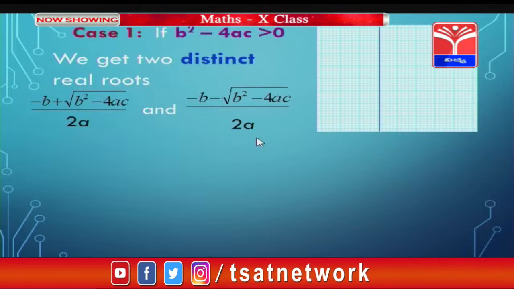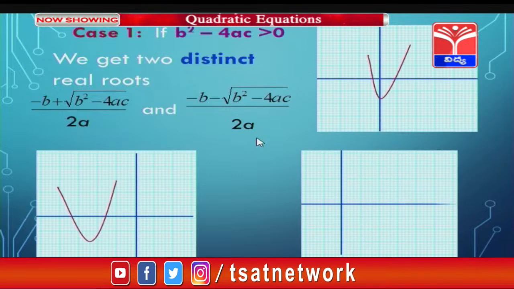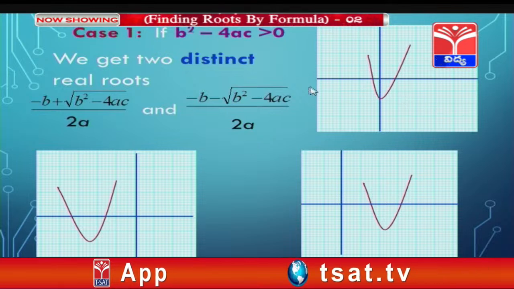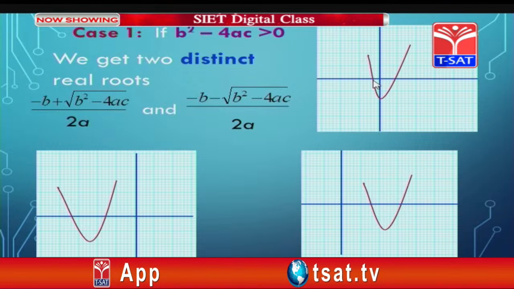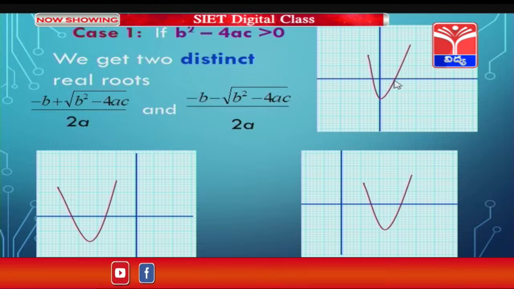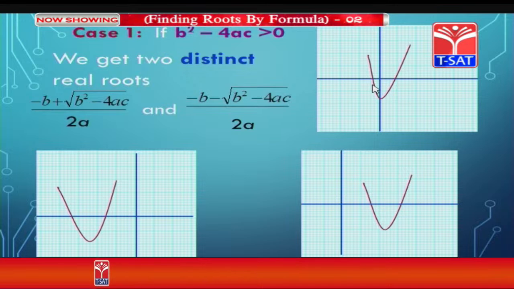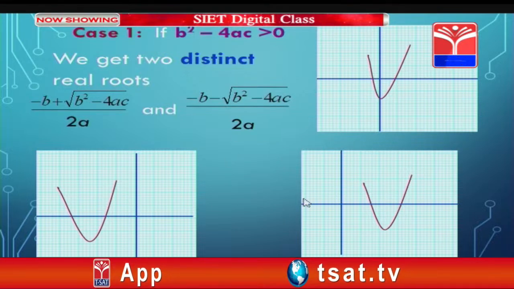And how would the graph look like? In this manner. When you look at the graph, you can see that the curve is intersecting the x axis at 2 points, one over here and the other point over here. So, these points where the curve is meeting the x axis are called the roots of the quadratic equation. These could be the possible cases.